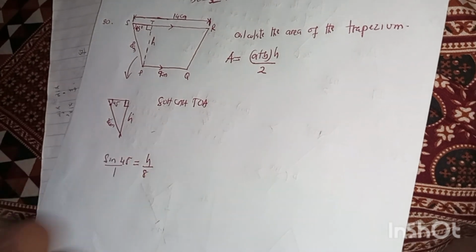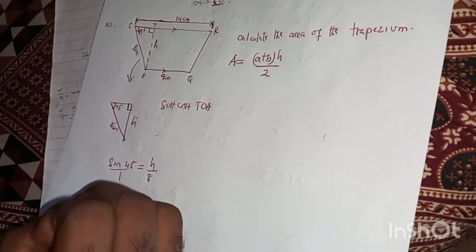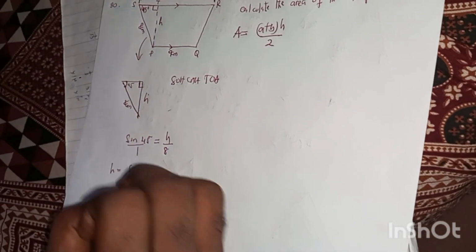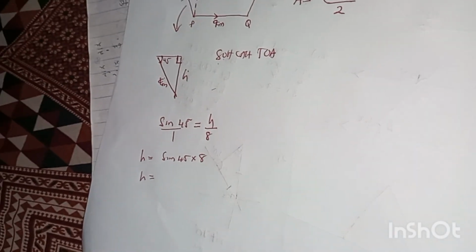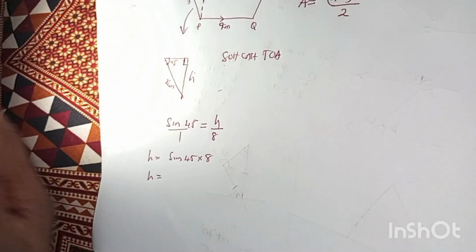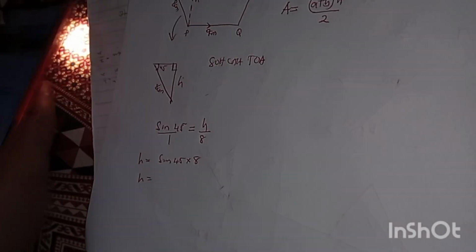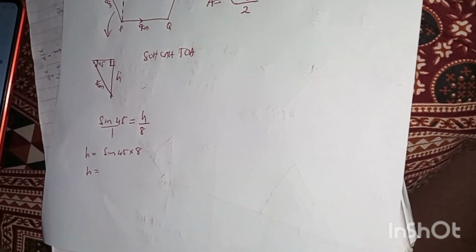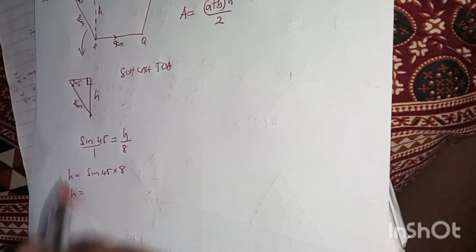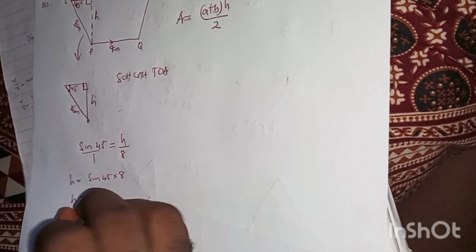This is all over 1. If you cross multiply, we have 1 times h is h. It's going to be what? Sine 45 times 8. Let me just see if I'm correct here. I think I am correct. So sine 45 times 8 would be 5.65. 5.6568.